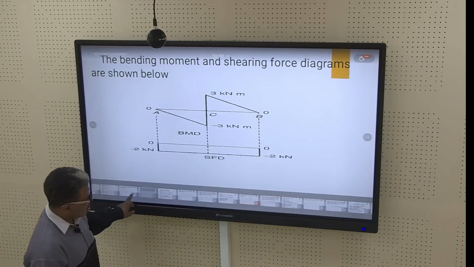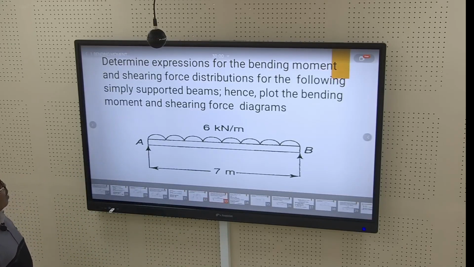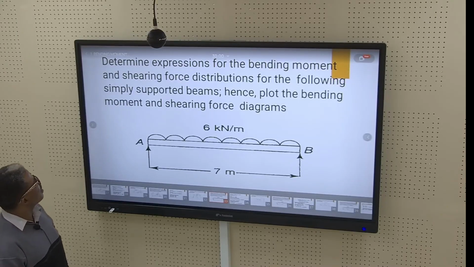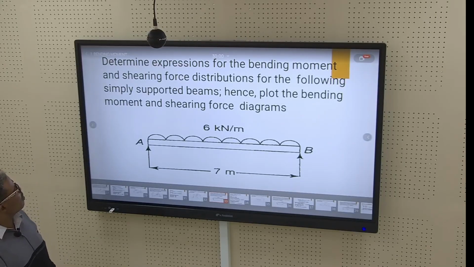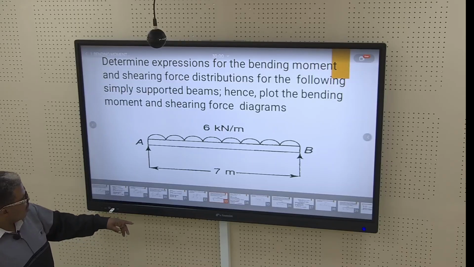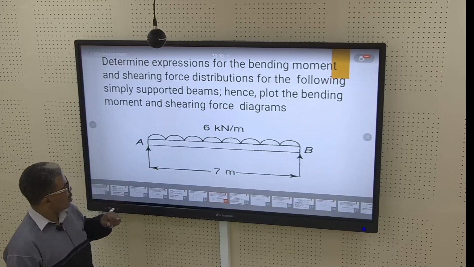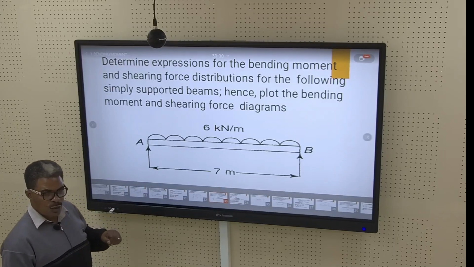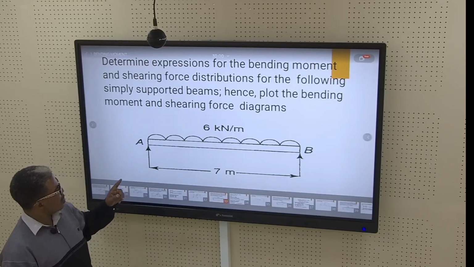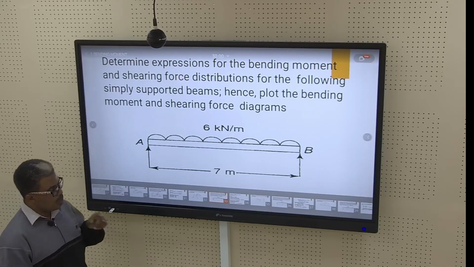Let's see another type of beam, another type of loading. Determine the expression for the bending moment and shearing force distribution for the following simply supported beams. This beam is a simply supported one. The only difference here is how the load is subjected to the beam. This is a uniformly distributed load, 6 kilonewton per each meter.